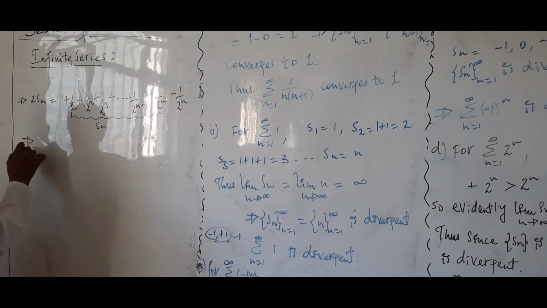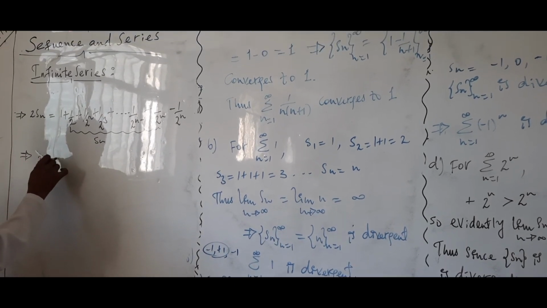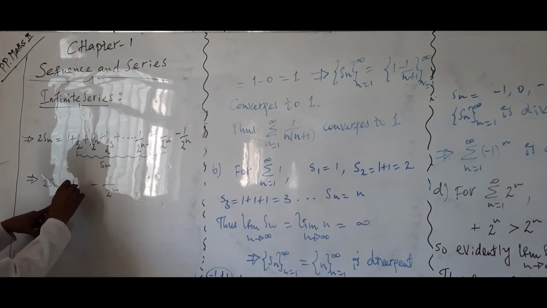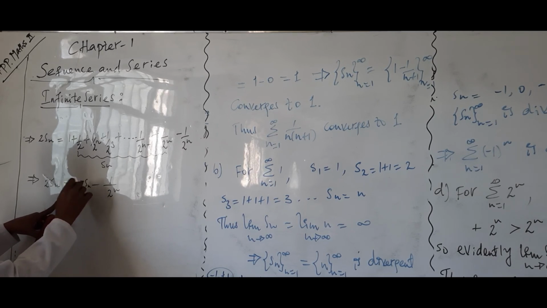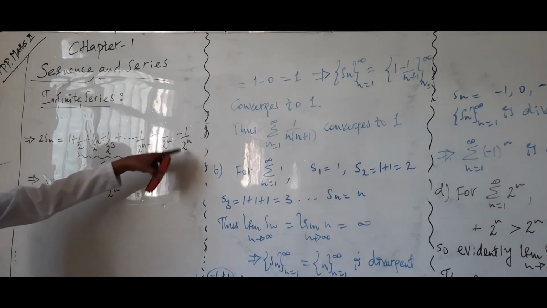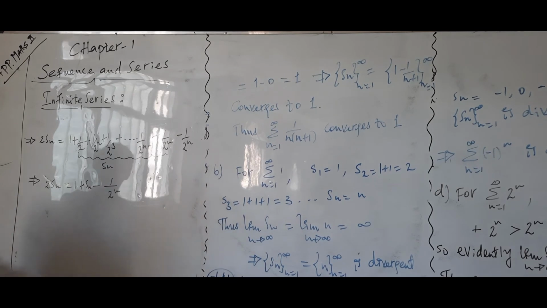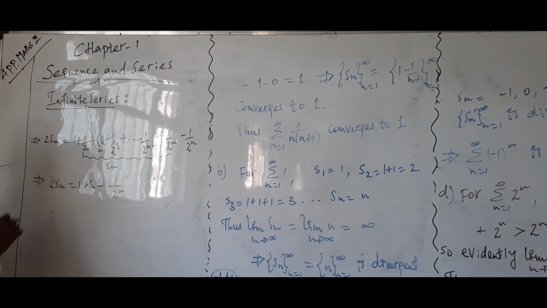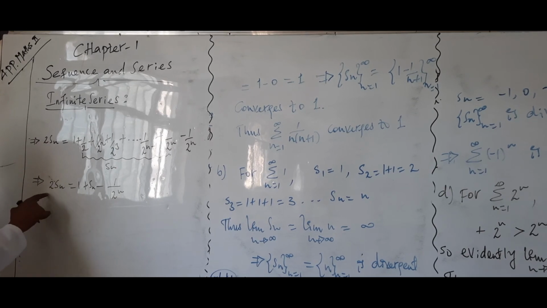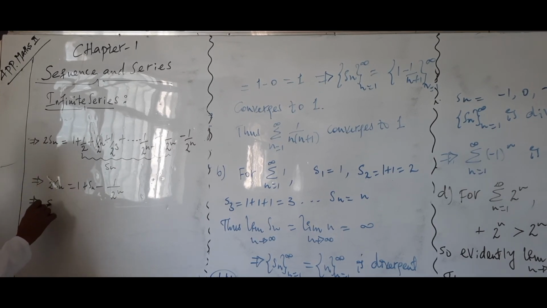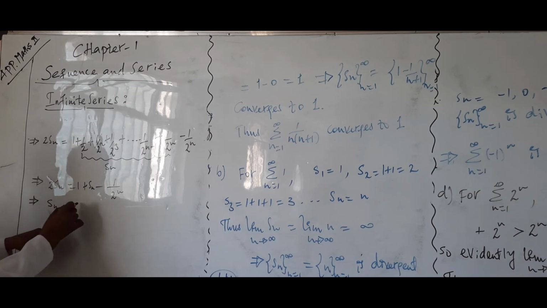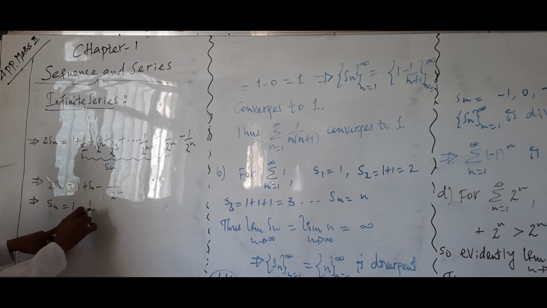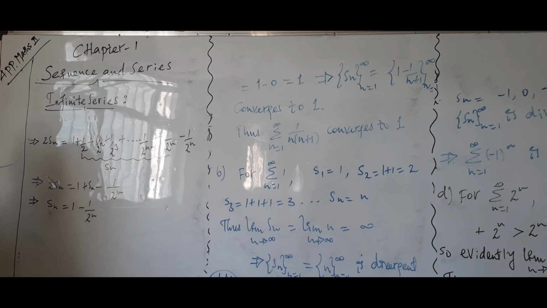Therefore, 2 times Sn is equal to 1 plus Sn minus 1 over 2 to the power of n. So, subtract Sn from both sides. This implies 2Sn minus Sn, which is Sn, is equal to 1 minus 1 over 2 to the power of n.